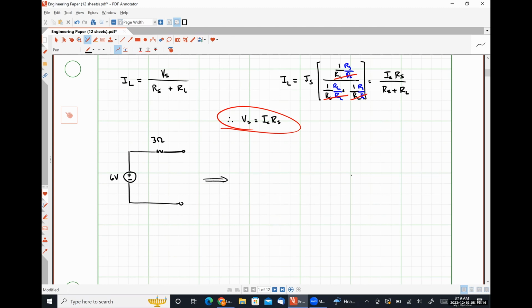Anytime we saw that, if we needed to, for whatever reason, we could replace it with a 6 volts divided by 3 ohms, or 2 amp, source in parallel with that same 3 ohm resistor.